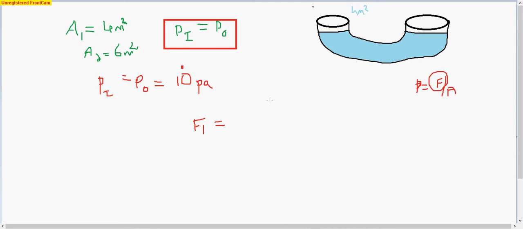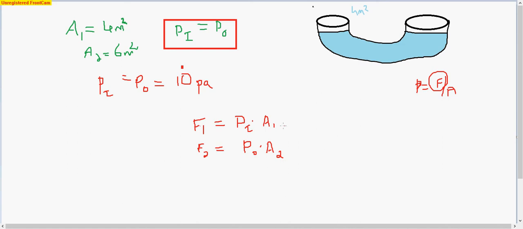F is equal to P into A. So F1 will be equal to P in into A1, right? What about F2? F2 will be equal to P out into A2, right?